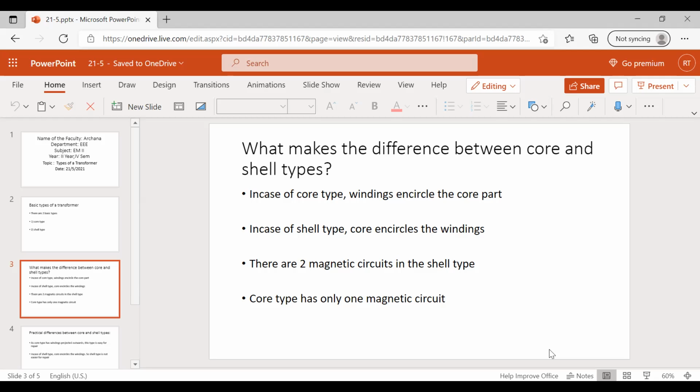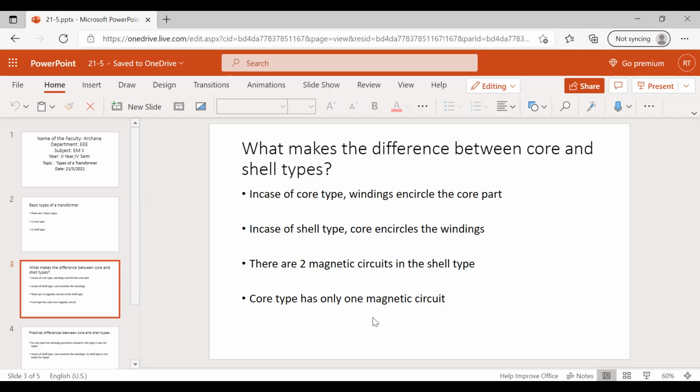In case of a core type of transformer, you have only one magnetic circuit, whereas a shell type of transformer has two magnetic circuits. What do you mean by that? In the construction of a transformer, the core has parts like the limb and the yoke.